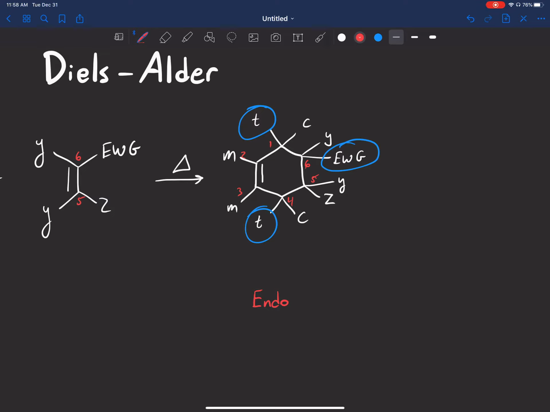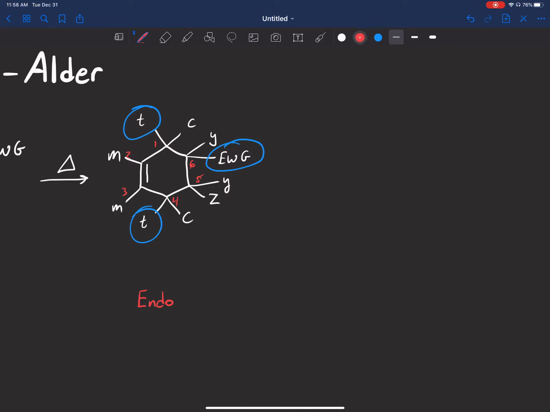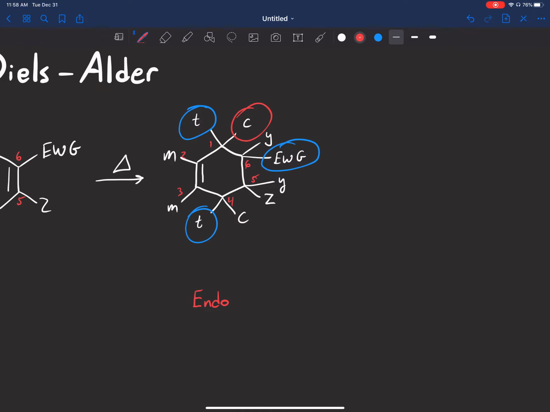The same goes for both of these trans groups; they both have to have the same stereochemistry as the electron withdrawing group. Then that means that the cis group would have opposite stereochem. The exo is the opposite. This will have the same stereochemistry as the electron withdrawing group.